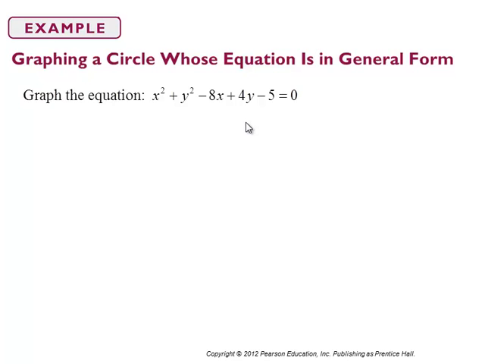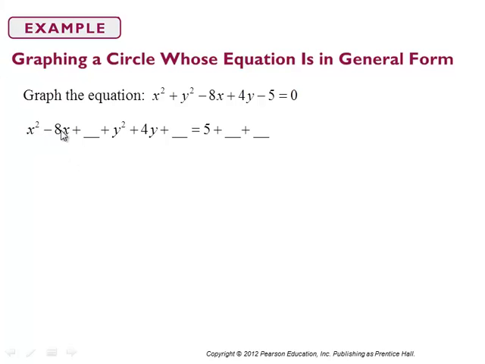So we need to do a little bit of algebra to do that. So we need to get the x terms together and get the y terms together, and maybe take this minus 5 here and add 5 to both sides. Now, you see that we've got these little spaces right there, because we're going to complete the square.